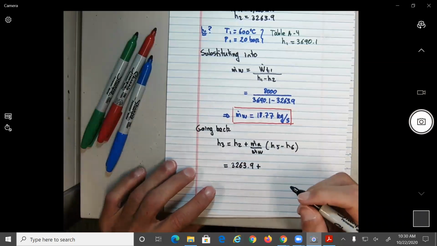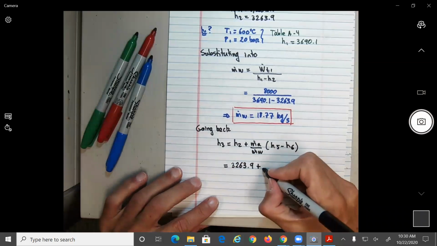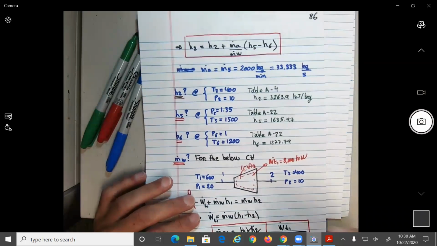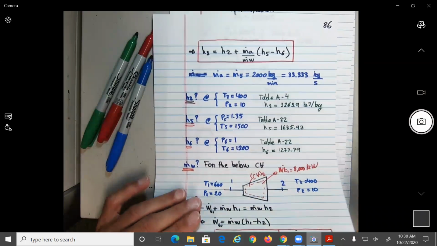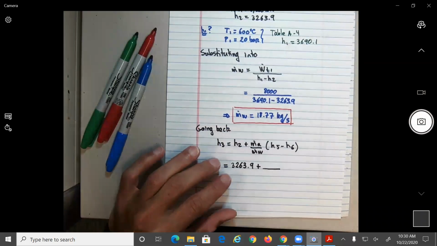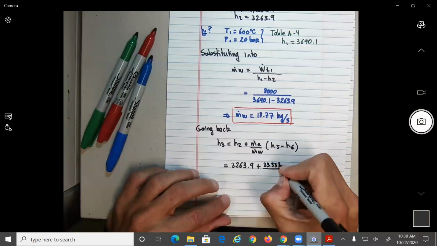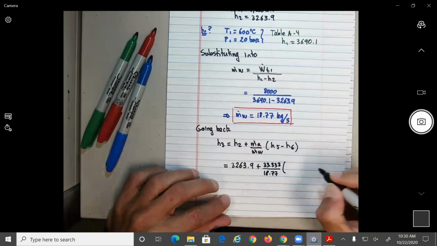plus mass flow of air. We had that one before, in kilograms per second, that was the one you told me was 33.333. Yeah? Let's do 33.333 divided by 18.77.